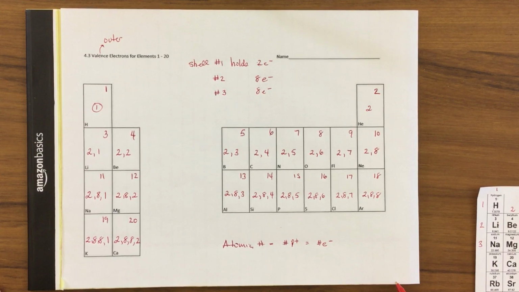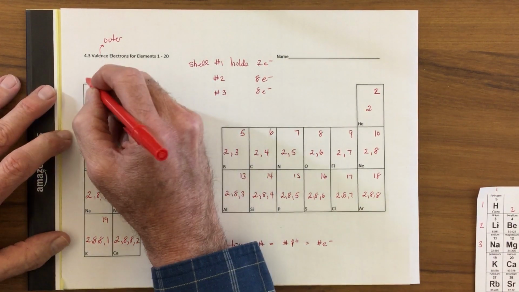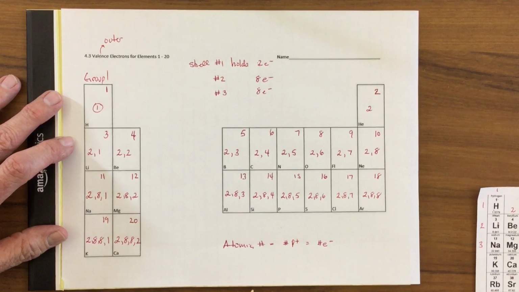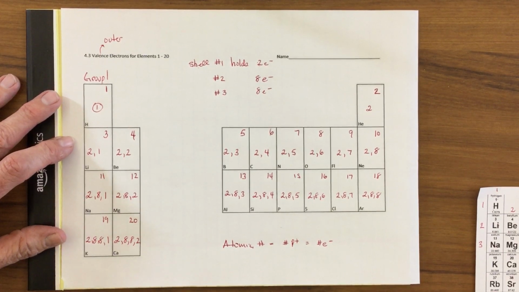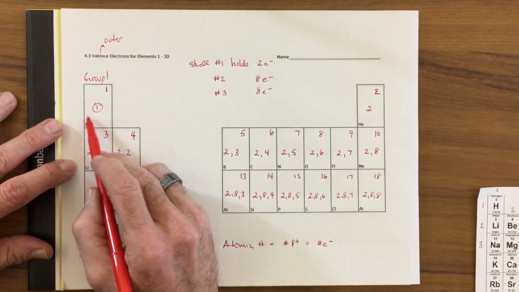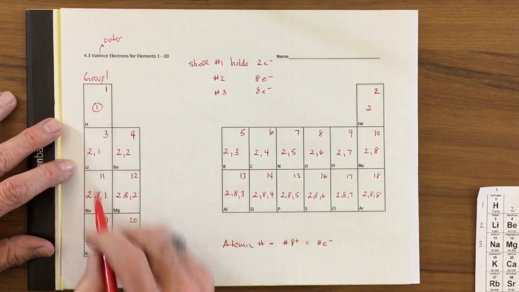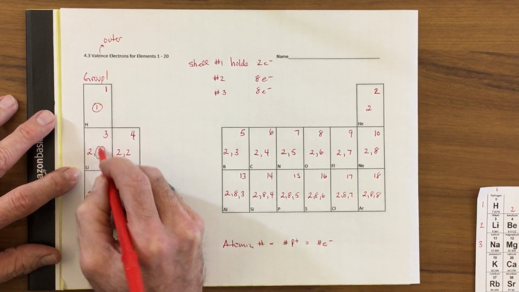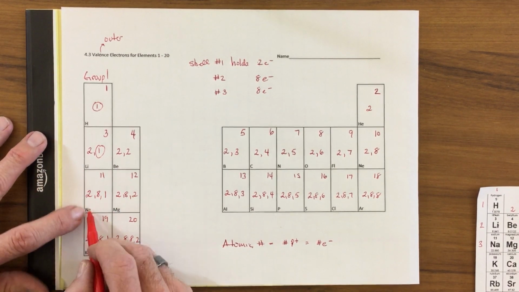Now again, this is why the periodic table is organized the way that it is. Take a look at this, which is your group 1. Notice how many electrons you have in the outer shell. Hydrogen has 1. Lithium has 2 in the first, it has 1 in the second.